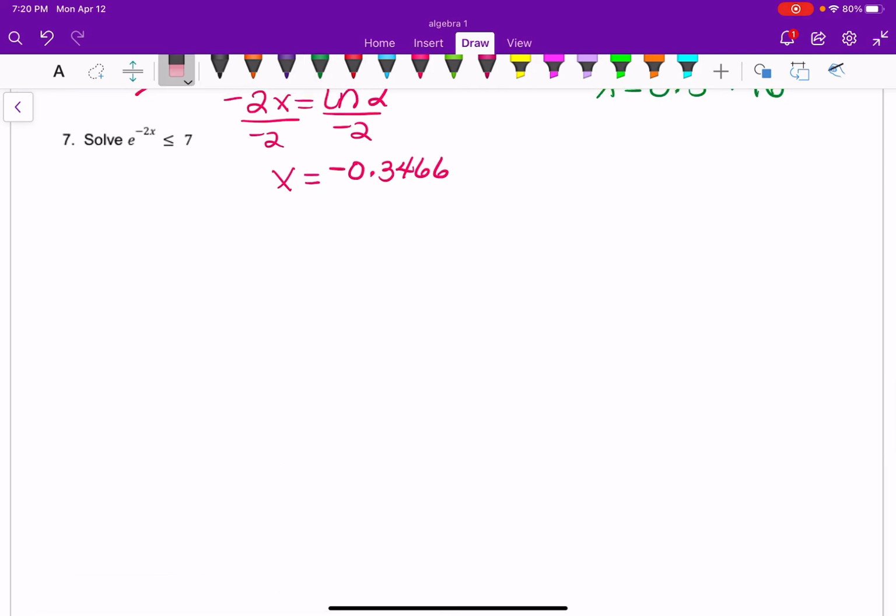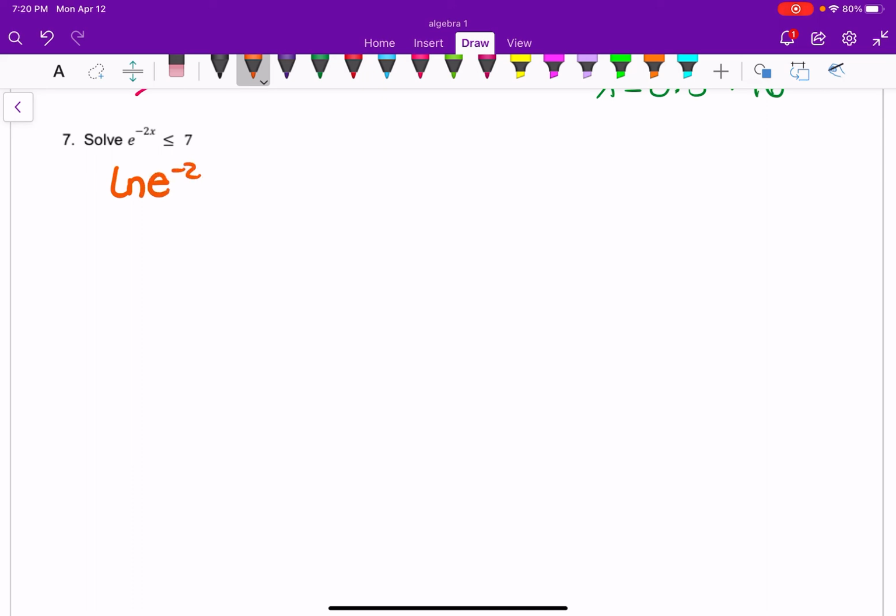Okay, let's do this one. I'm going to erase this part just so we can see this and that's not in the way. You can always go back. So again, I want to get rid of that e. So let's take the ln of each side and see what that does. Just make sure you do the same thing on both sides. Well, ln of e, inverses, so now we're just left with negative 2x is less than or equal to the natural log of 7. Divide both sides by negative 2. Be careful.